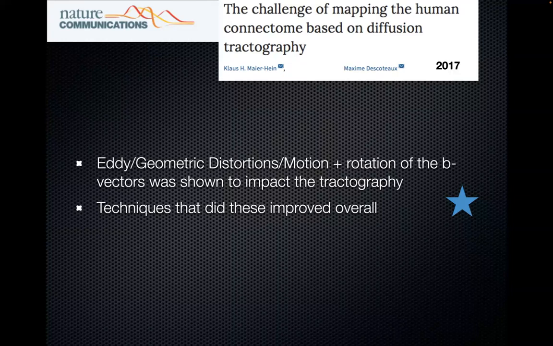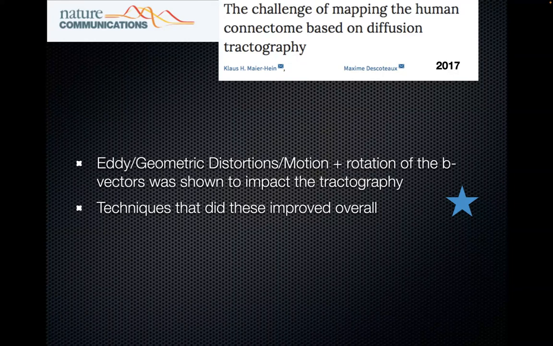So in this paper, and I'm going to come back to it in my research talk, in 2017, this is a 100 co-author paper in Nature Communication. We did just a consensus paper on the challenges of reconstructing tractography in the human brain. And what I want to stress today is that we showed quantitatively that these steps do improve the connectome.